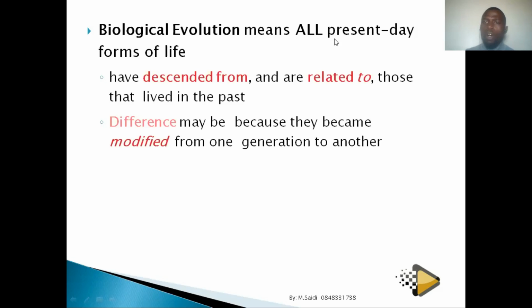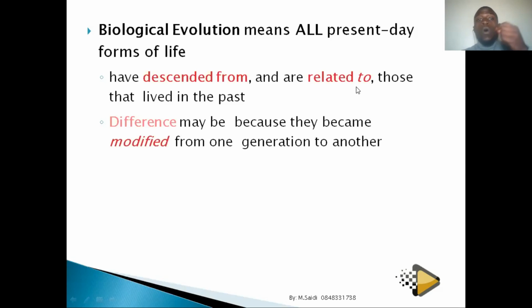We are saying that all present day forms of life have descended from, meaning they came from, and are related to those that lived in the past. You are present because of your father. Your father is present because of the grandmothers and grandfathers. Those grannies were present because of the grand-grannies.